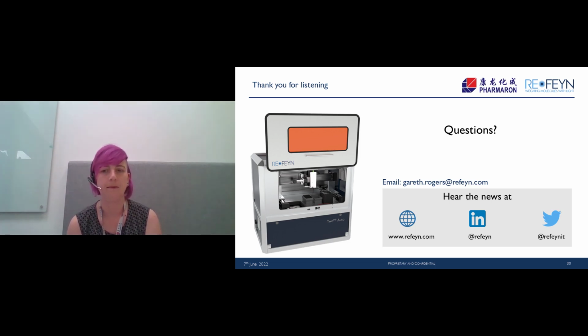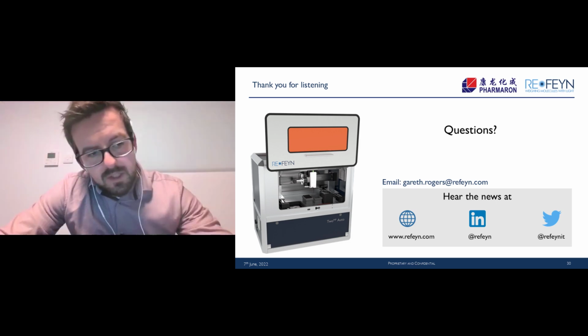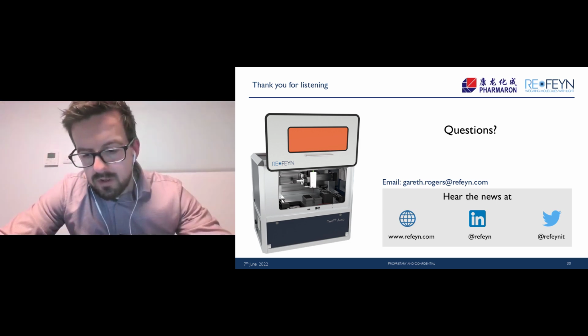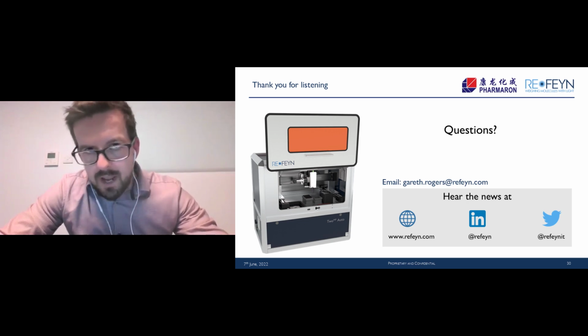Okay. For Gareth, what is the throughput of the mass photometry instrument? With the instrument we've looked at today, you would typically be working with consumables that have a series of wells inside them, and it would be inherently manual.